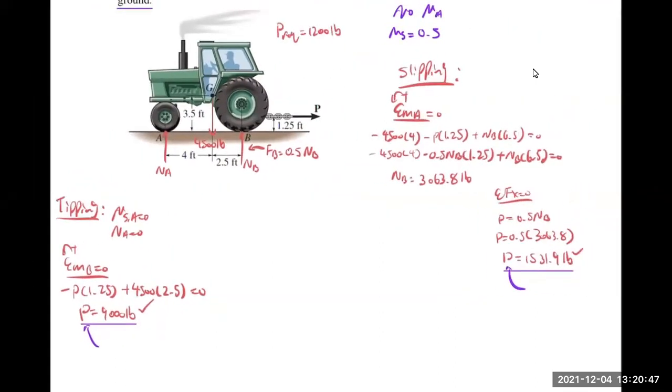So if we pull this tractor at 9,000 pounds, it means that this tractor would tip. Okay, if that makes sense.